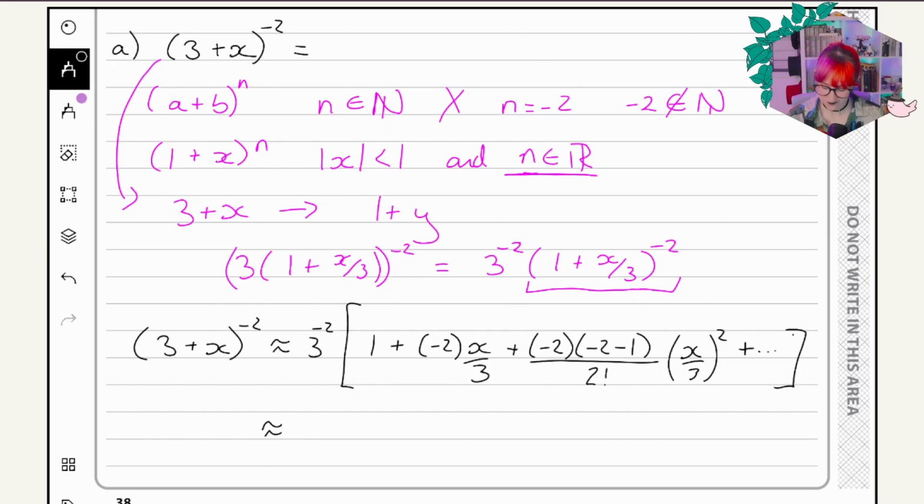That's so good. Okay, so we get 1/9 (1 - 2x/3). Minus 2 times 3 is minus 6, over 2 factorial is 2, 2 times 9, x. That right? That feels right.